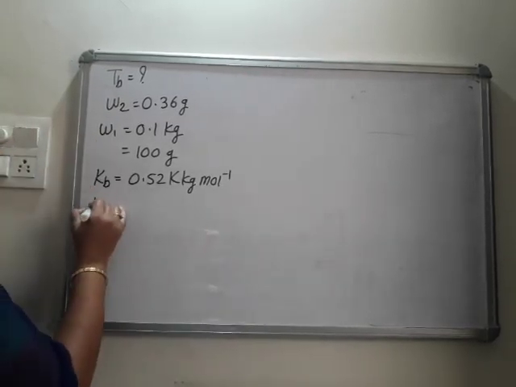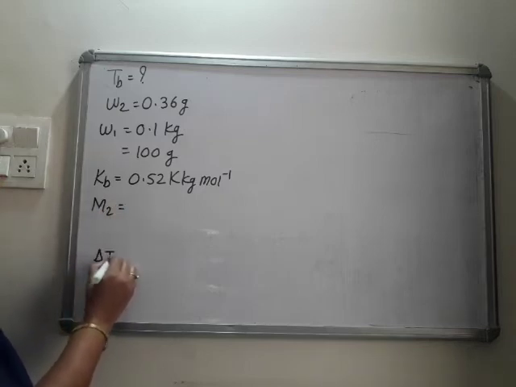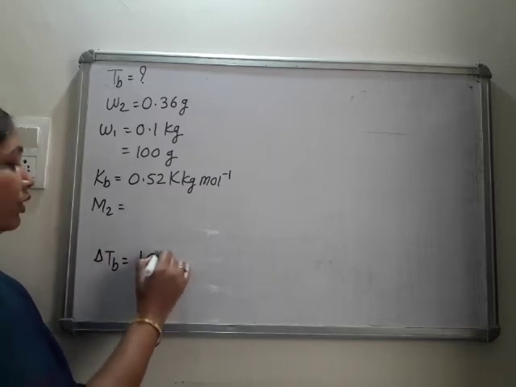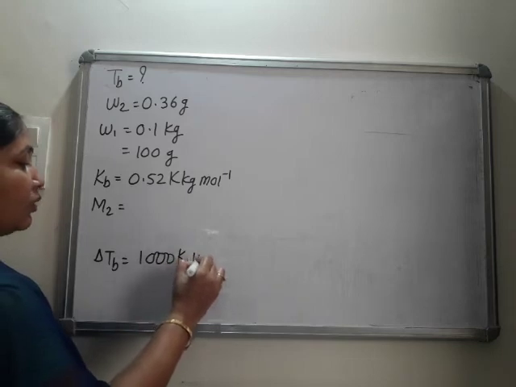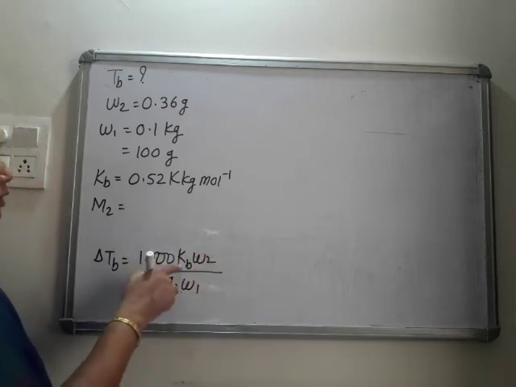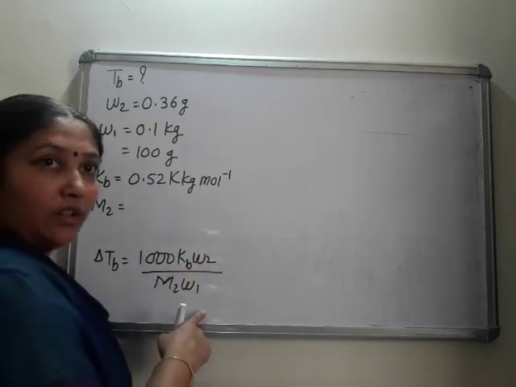So to calculate this we should know M2. Isn't it? What is our formula? Formula is delta Tb is equal to 1000 W2 Kb upon M2 W1. So Kb we have, W2 we have, M2 we don't have, and W1 it is given.